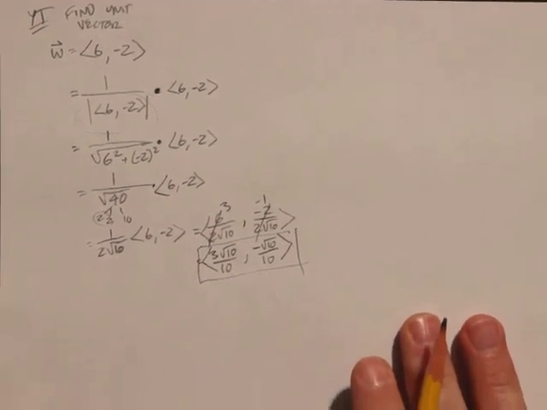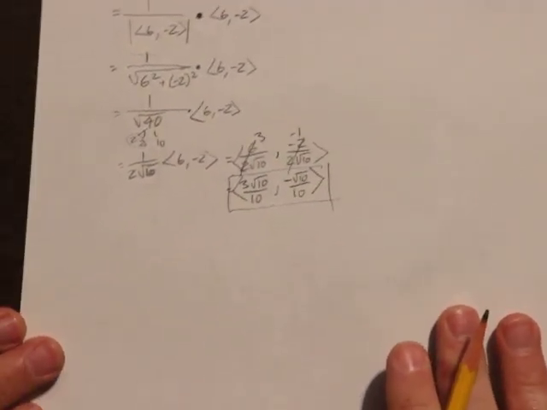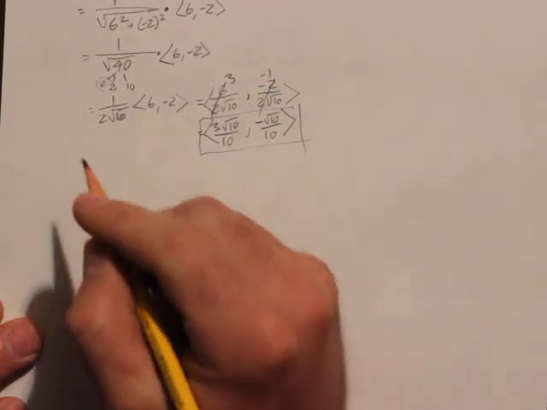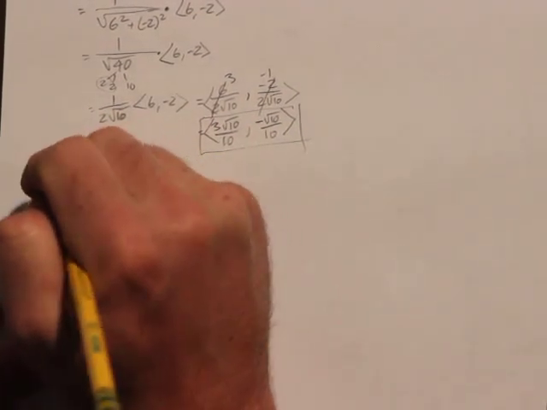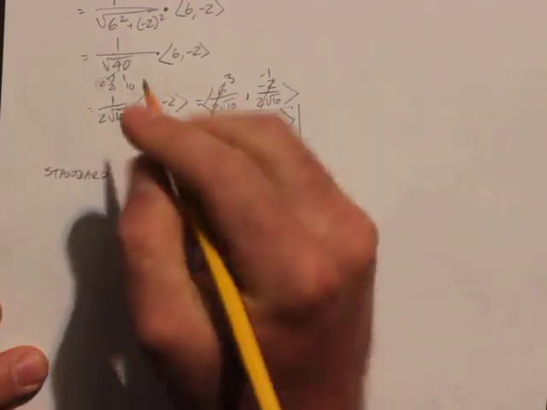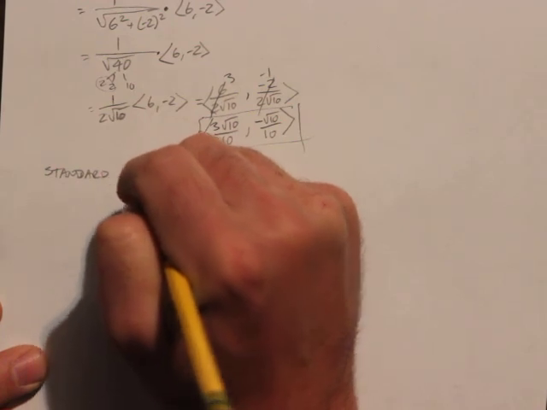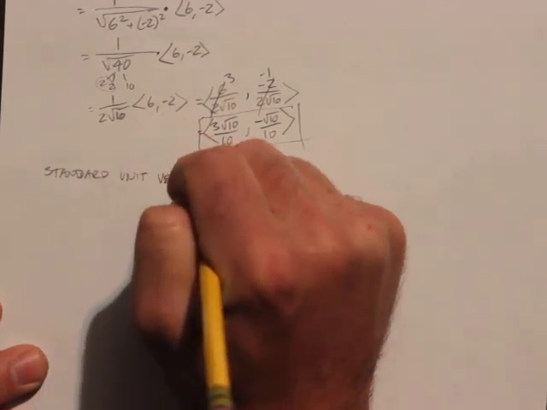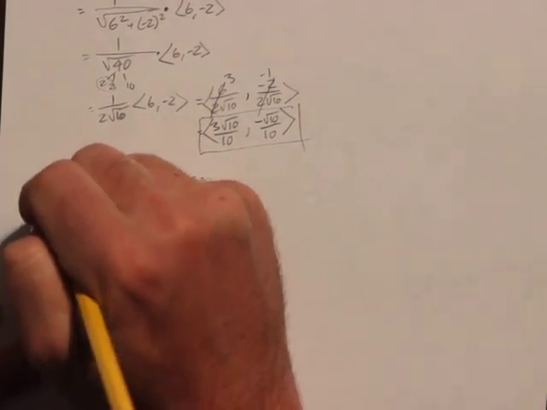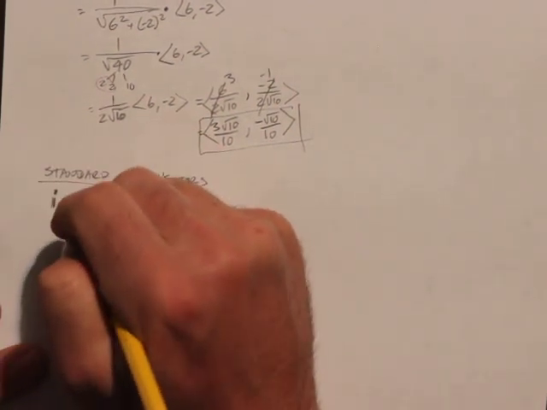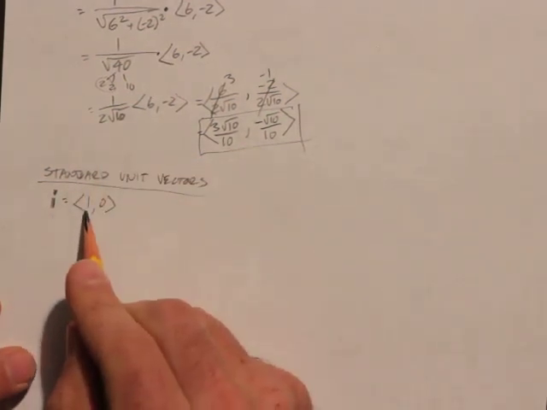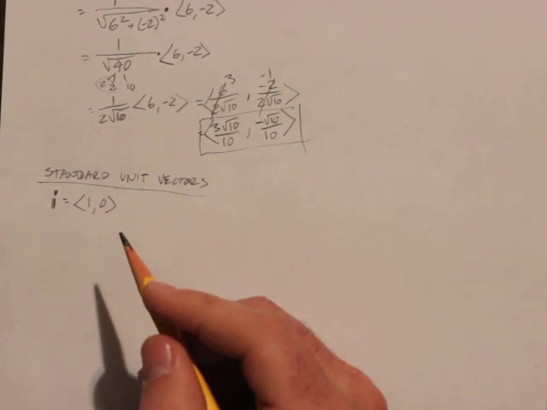Now we're going to do the last bit of this lesson, and it is standard unit vectors. I've got this vector i, which is 1, 0. This is a vector that just moves to the right one place.